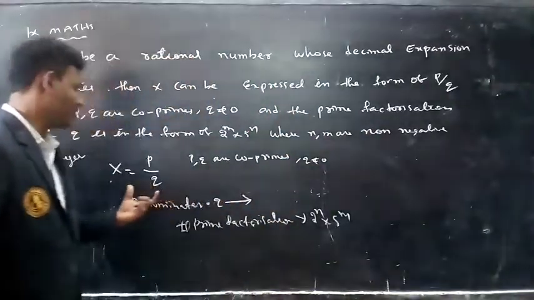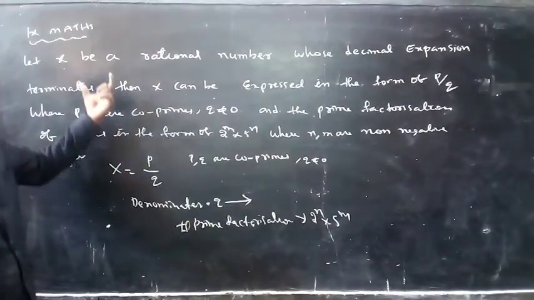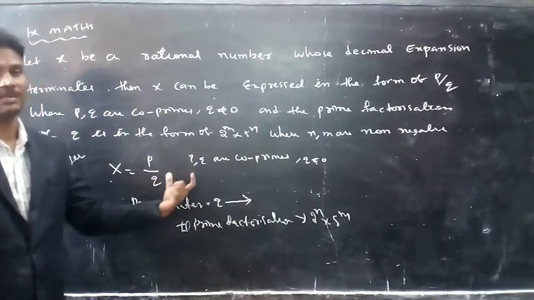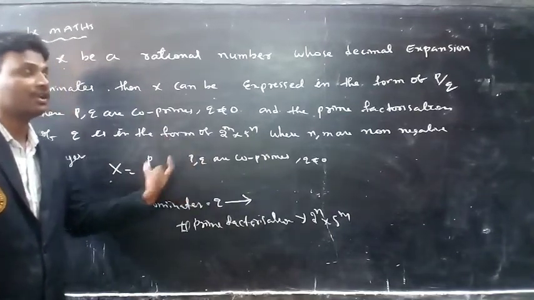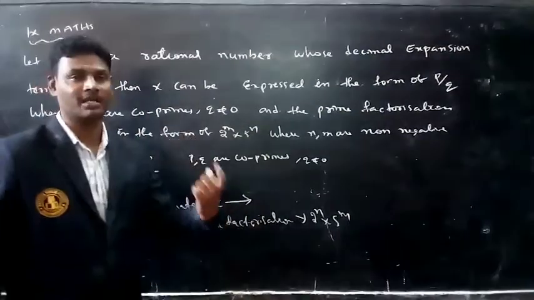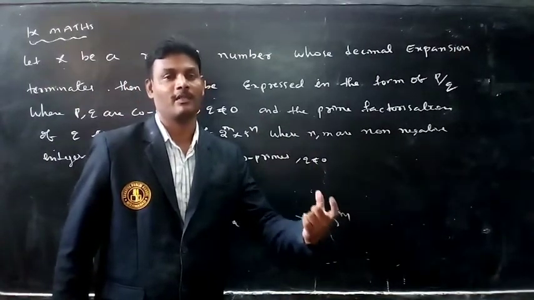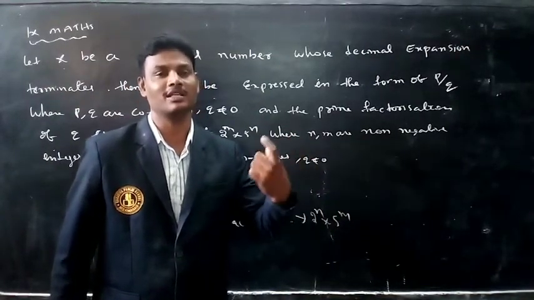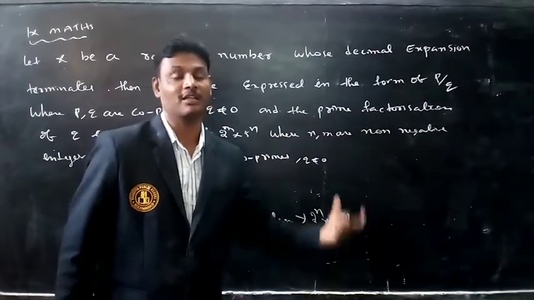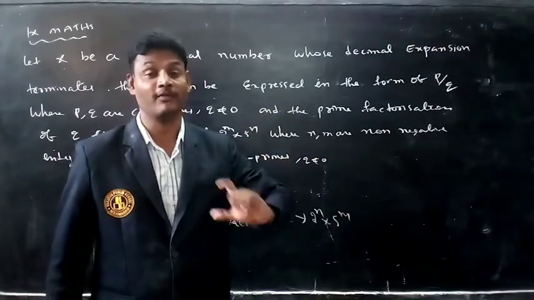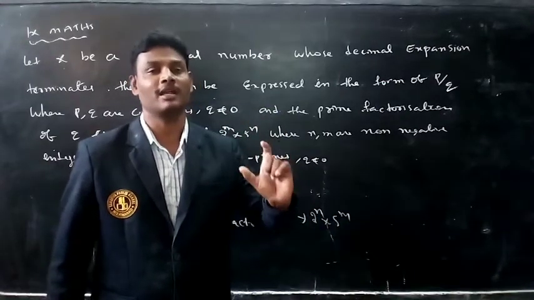Let x be a rational number with terminating decimal. Here if you express the denominator q in the form of 2 power n into 5 power m, it is a terminating decimal.